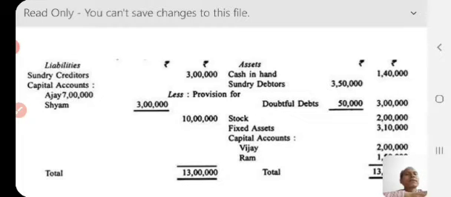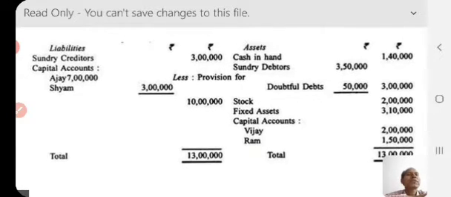Capitals: Vijay 2 lakhs, Ram 1,50,000. The total on both sides is 13 lakhs, 13 lakhs.